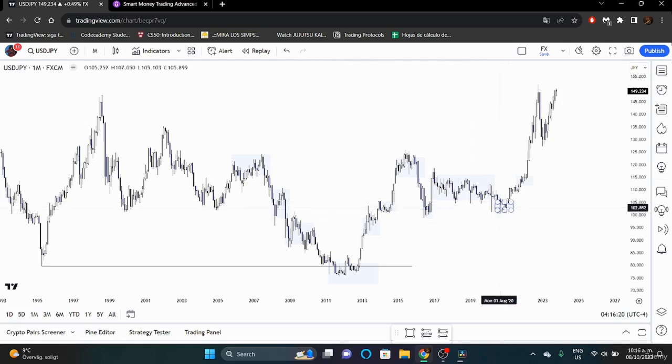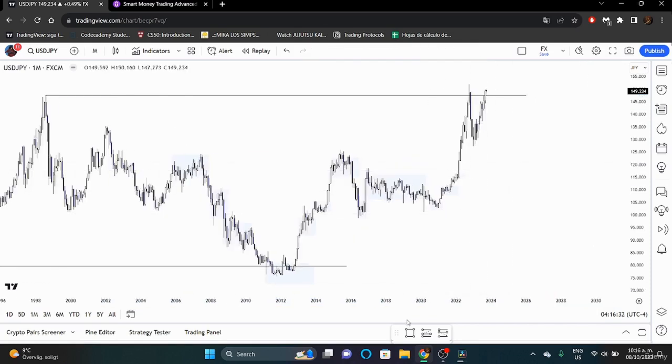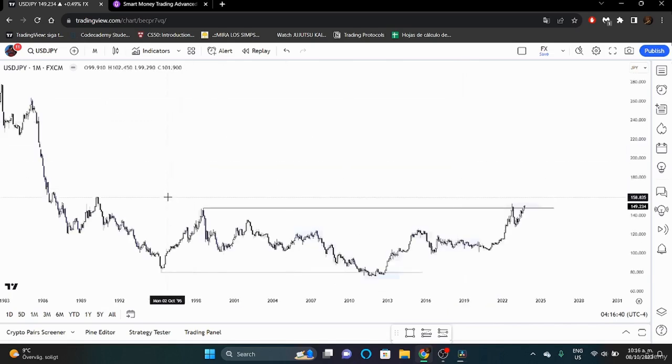Below the range, accumulate. First accumulation actually right here, second right here, and after taking the liquidity over here, this is the reversal phase, in my opinion. Okay, I could be wrong, we could head all the way over here.